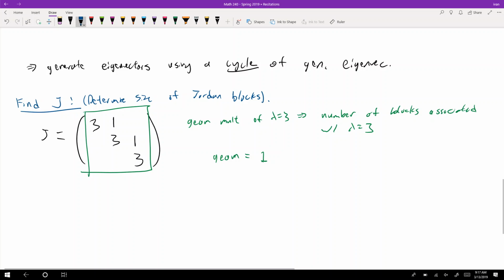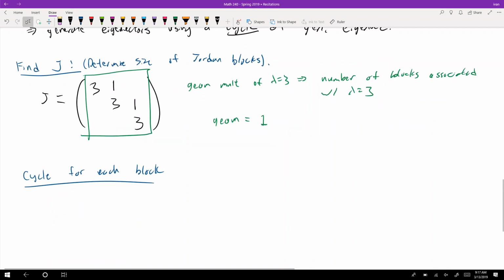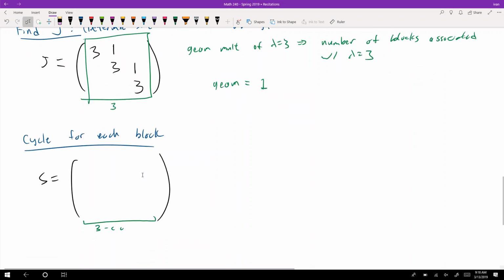Now for the second step, you need to find your cycle for each block. So now we go to our S matrix. I have one 3 by 3 block, which means down here I'm going to have a 3 cycle of generalized eigenvectors.